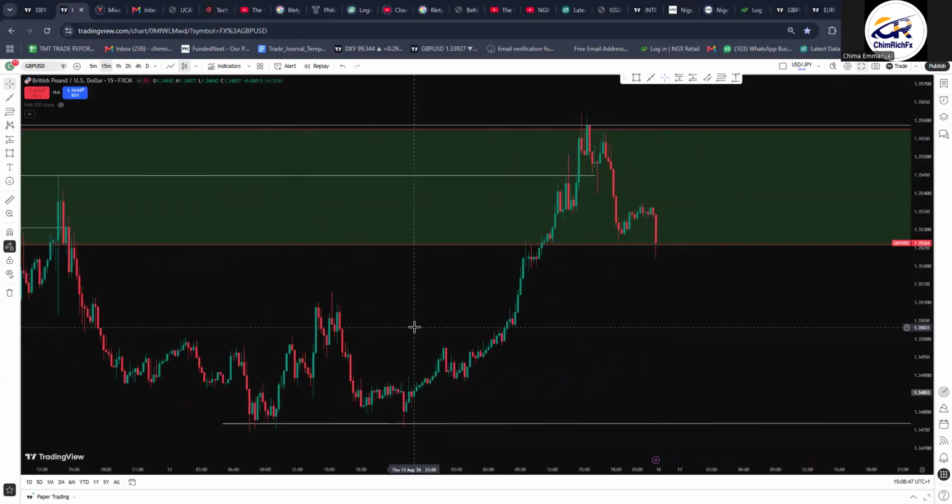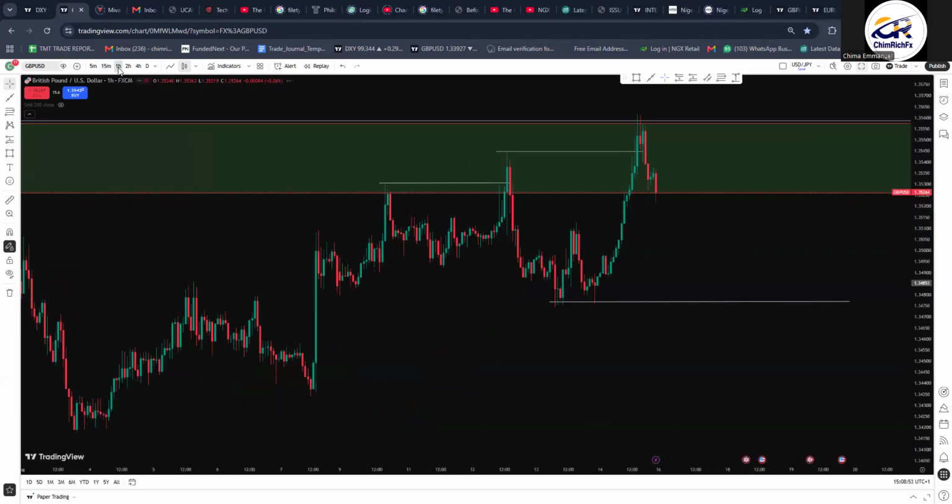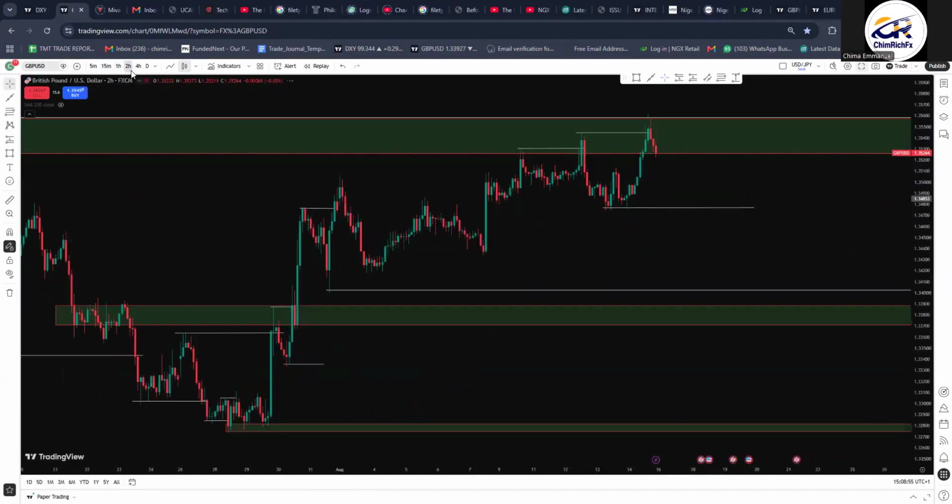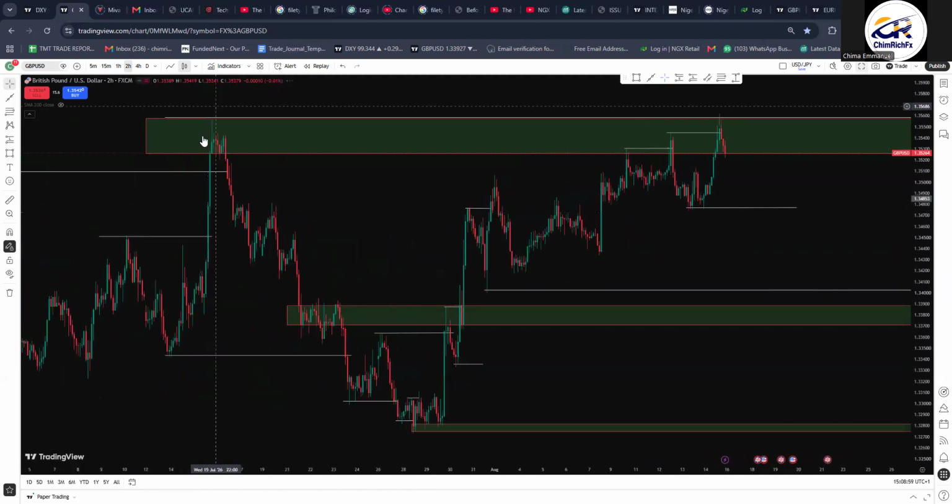So looking at the structure of the market, we can see that the market is still bullish from the 1 hour time frame. The 2 hours time frame, we still have a bullish market, and although we can see price is on a resistance zone.